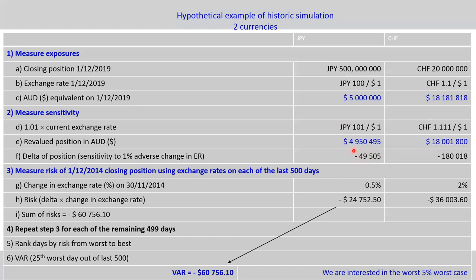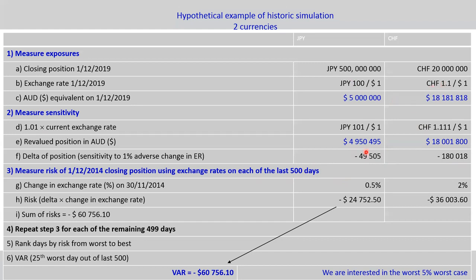Now, if I know this is a 1% change, I will go and take the list of all this Japanese yen and Swiss franc for the past 500 days. And I will see how much the change was. Is it 1%? Is it 50 basis points? Is it 30 basis points? Which means the change, the depreciation in the yen and the depreciation in the Swiss franc.